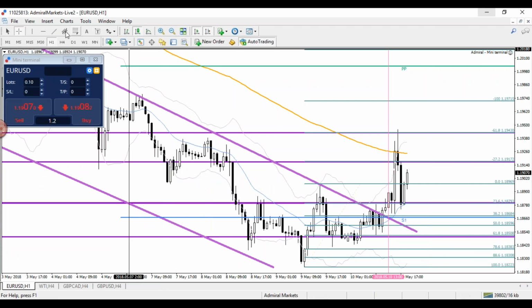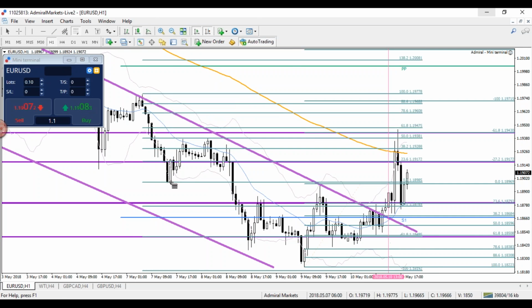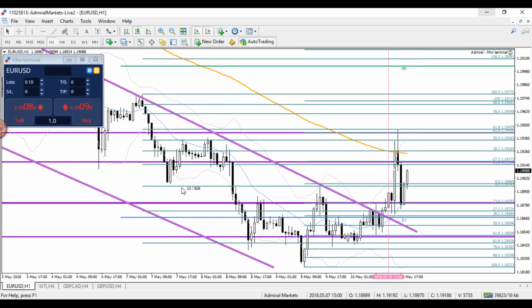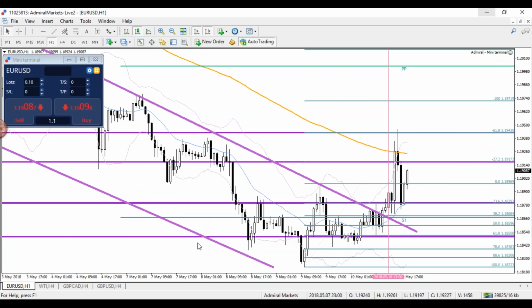For instance, you could put a fib from here to here, so you know where you want to trade it, hit the 50 fib, and we get a bearish candle after the 50 fib, which is your trigger. Right? So this is all kind of the analysis that you can do for justifying a trade in here, for instance, as an example.